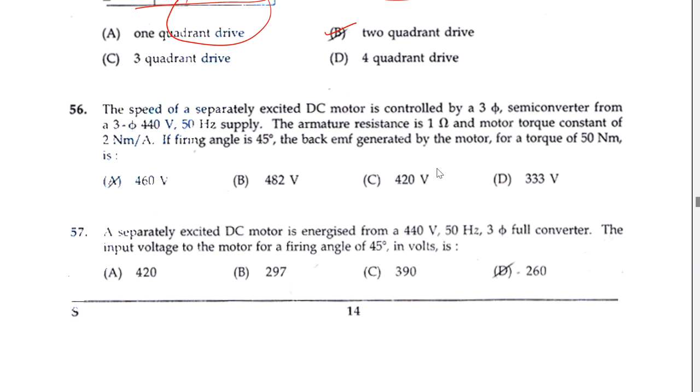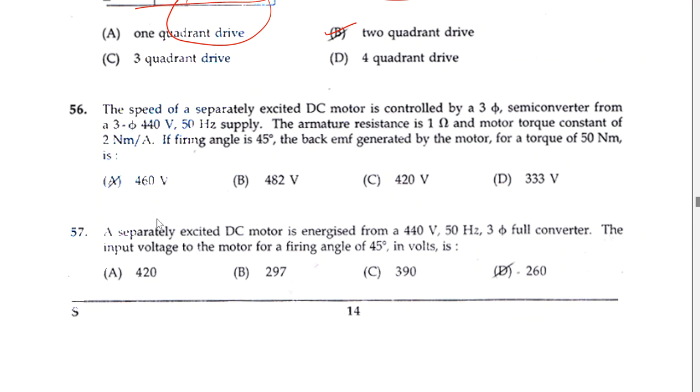Next question here. The speed of a separately excited DC motor is controlled by a three-phase semi-converter from the three-phase 440 volts supply. The armature resistance is 1 ohm and the motor torque constant is 2 Newton meters per ampere. If the firing angle is 45 degrees, the back EMF generated by the motor for a torque of 50 Newton meters is.